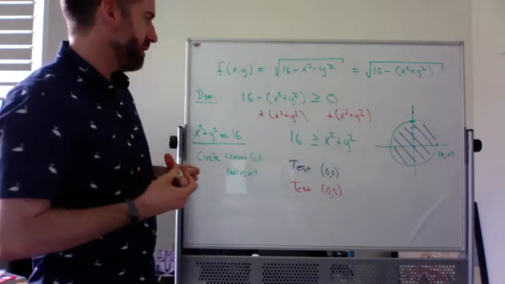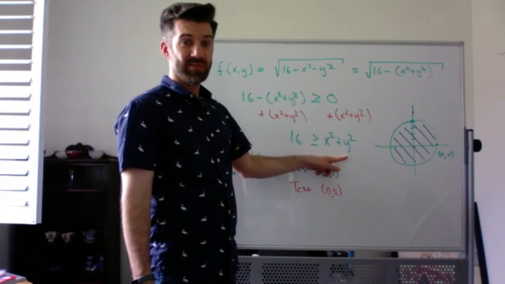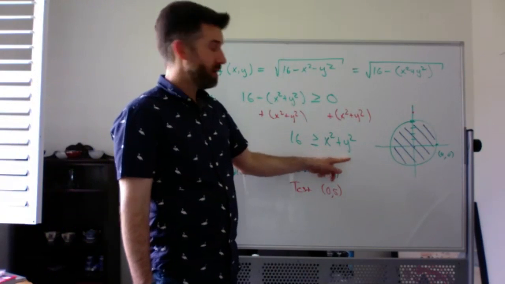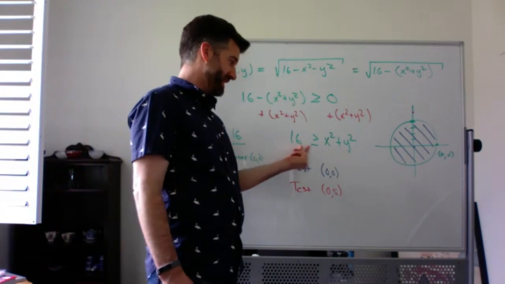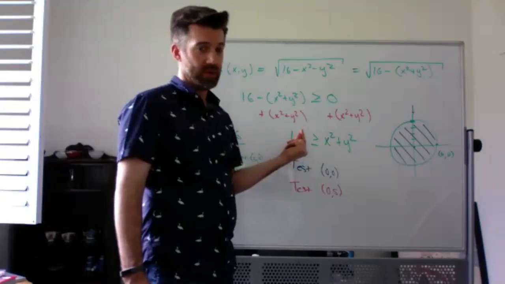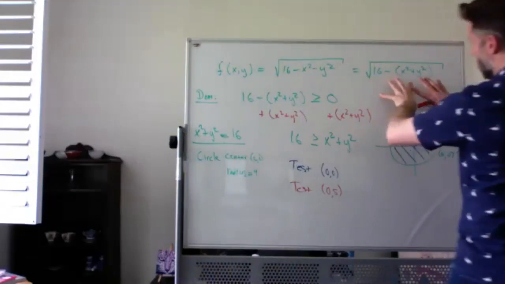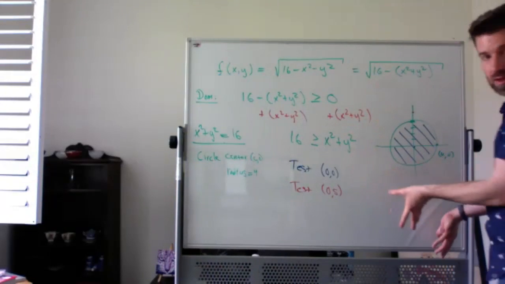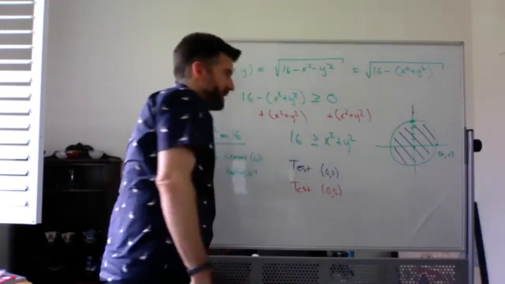Well, if I plug in 0 for x and 5 for y, is the inequality correct? No, it's not. 0 squared plus 5 squared is 25. 25 is bigger than 16, not less than or equal to 16. So knowing that that point is not in the domain, we know that all the points outside of this boundary are not in the domain. So that's how we find the domain here.